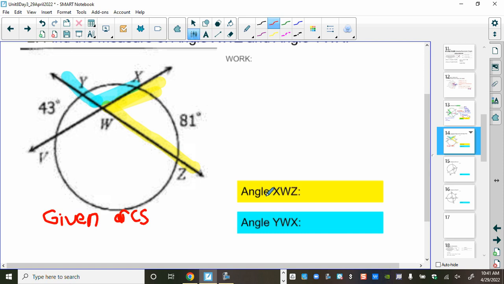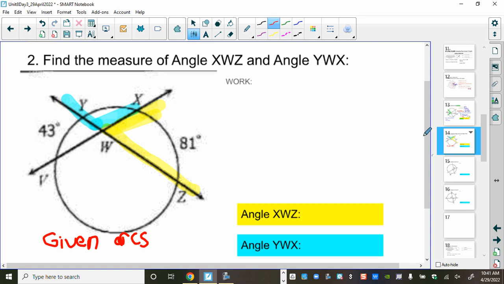So to get the angle, which angle should we mark first? Should we mark the one that I highlighted in yellow or the one that I highlighted in blue? Yeah. That's the one we don't know. That's the one we can get first. You can get this one.